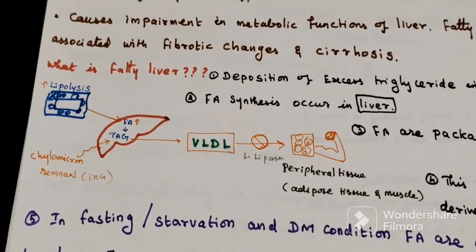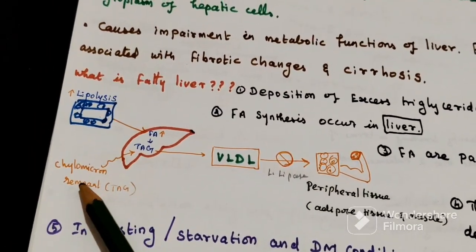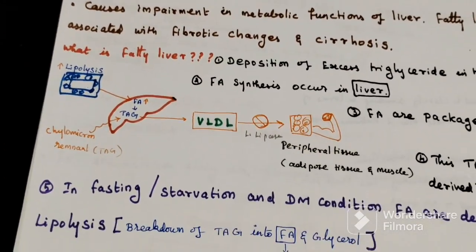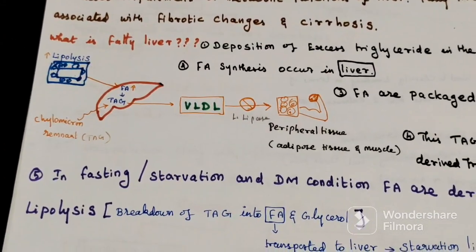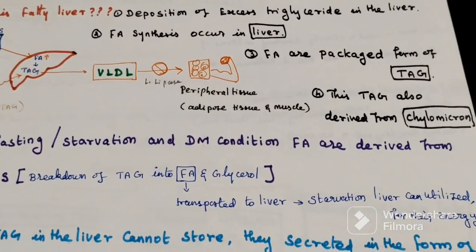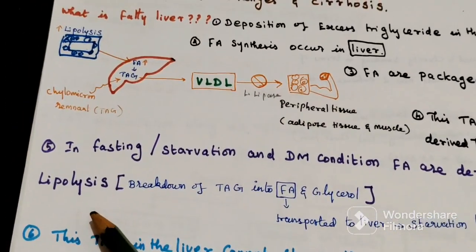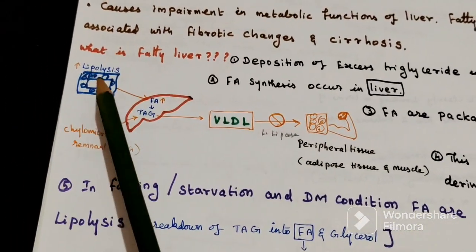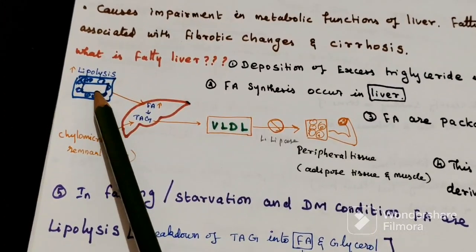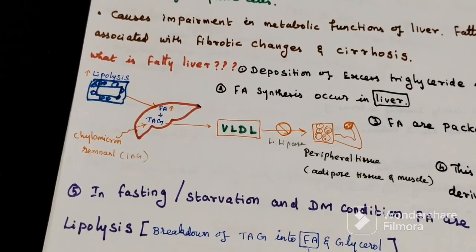So what are the ways fatty acid enters the liver? One is the lipolysis process, and the second is through chylomicron remnants. In fasting, starvation or diabetes mellitus conditions, fatty acids are derived from the lipolysis process.